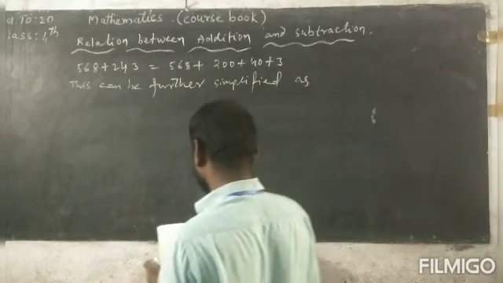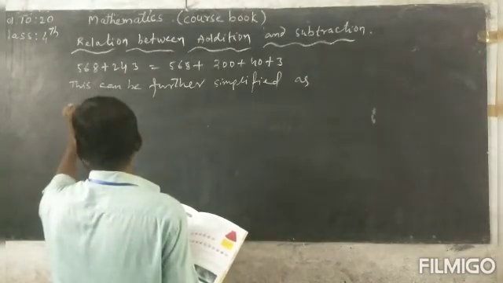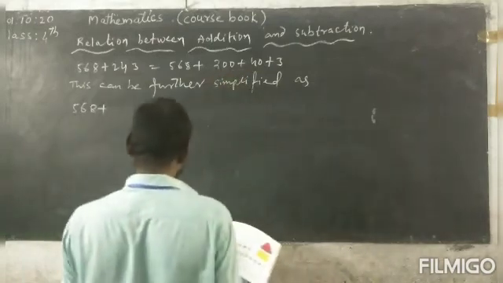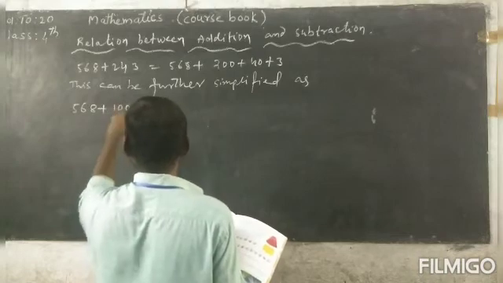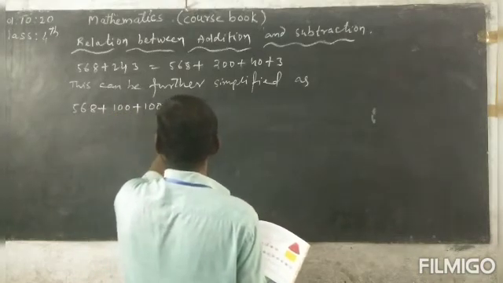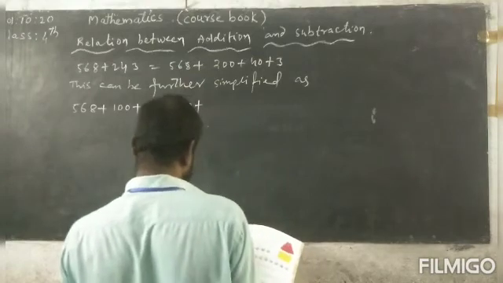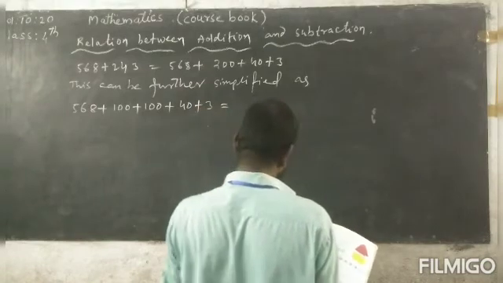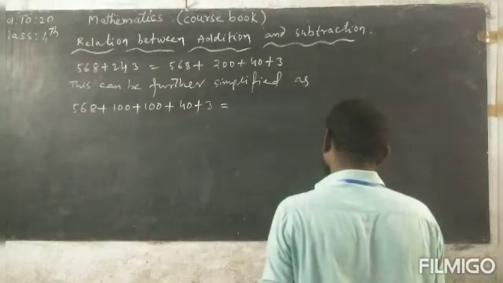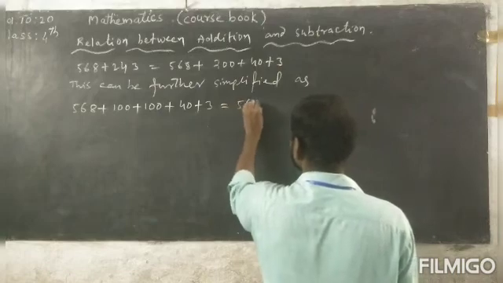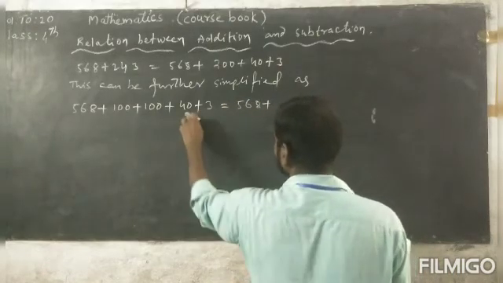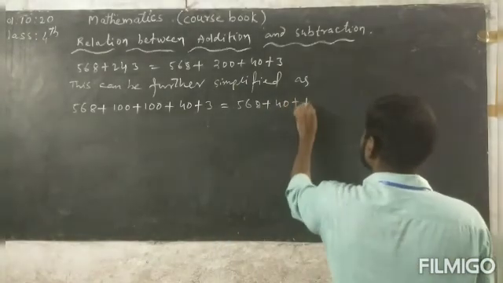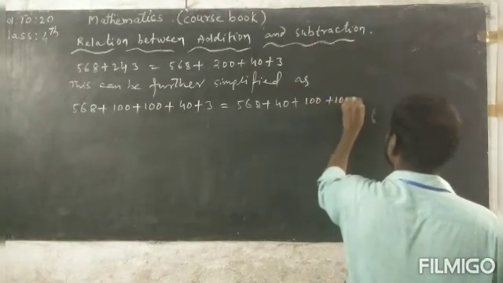See here, 568 plus 200, it can be written as 100 plus 100 plus 40 plus 3. That is equal to 568 plus 40 tens place, plus 100 plus 100 grouping, beta, plus 3.